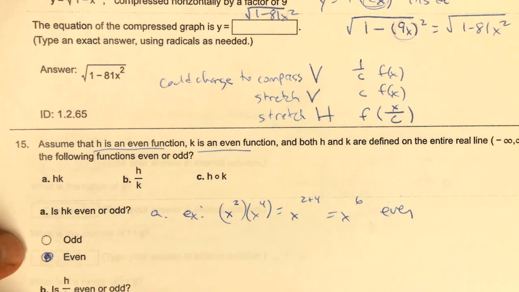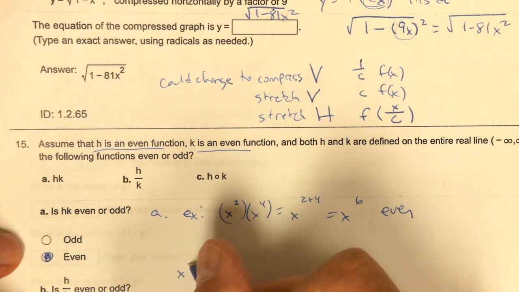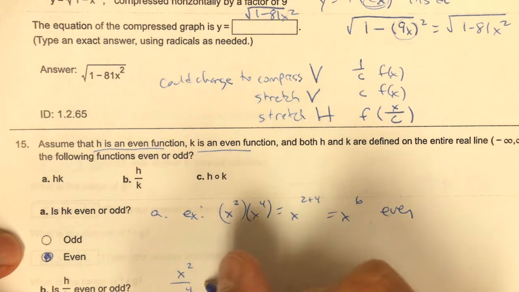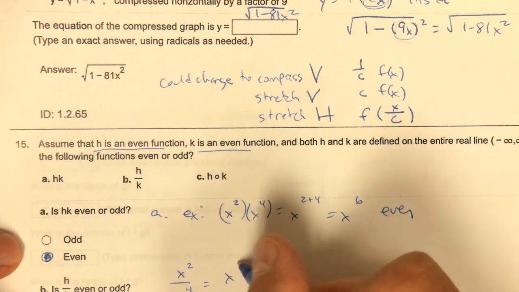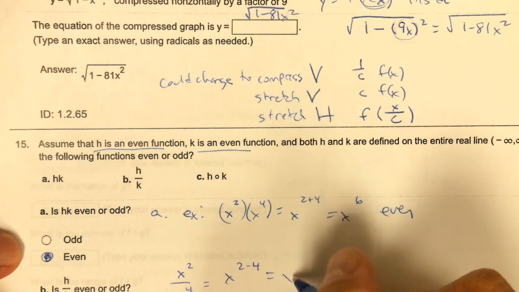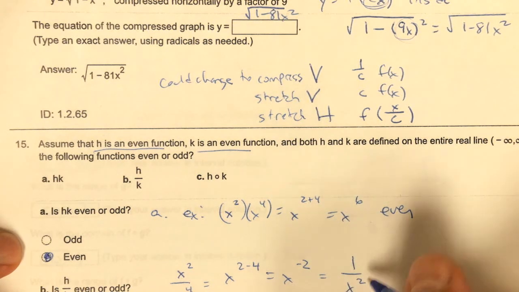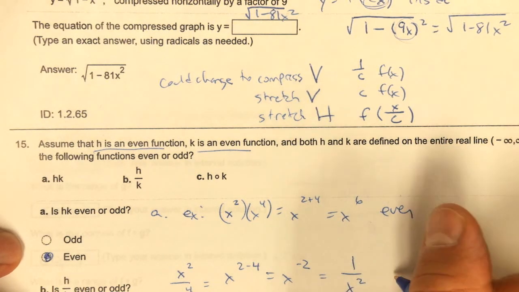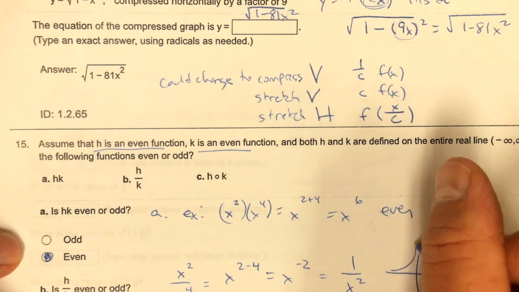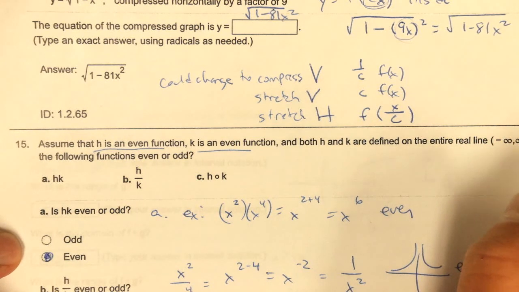And on this one, if you have x squared over x to the 4th, that would reduce to x to the negative 2, which is the same thing as 1 over x squared. So that function would look like this, which is also even.